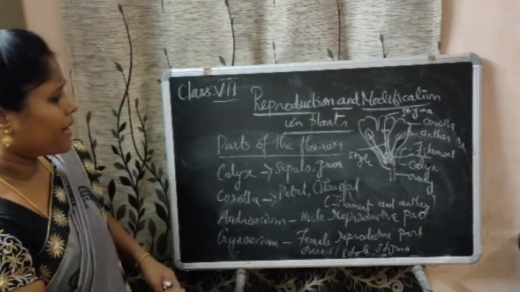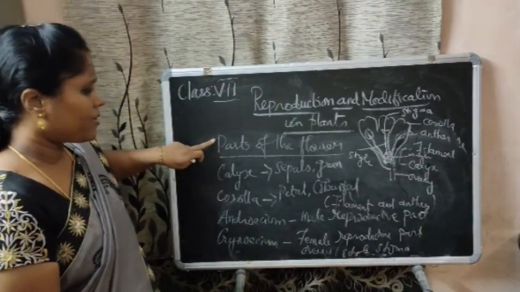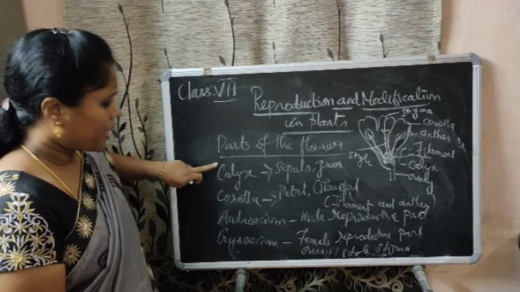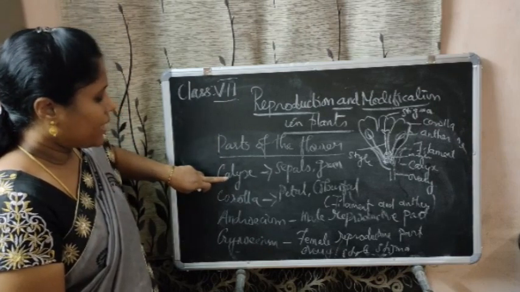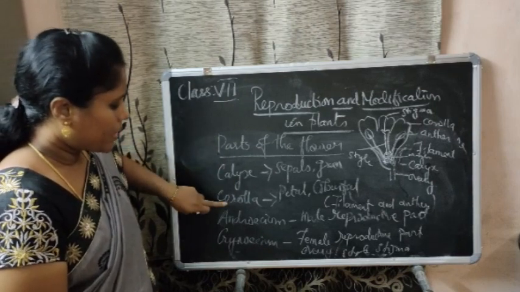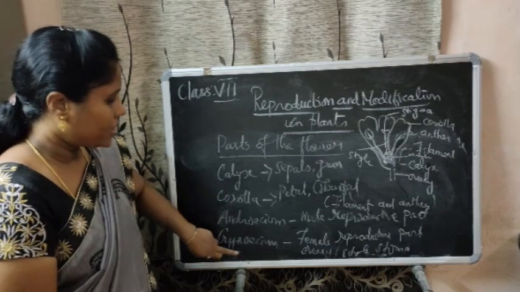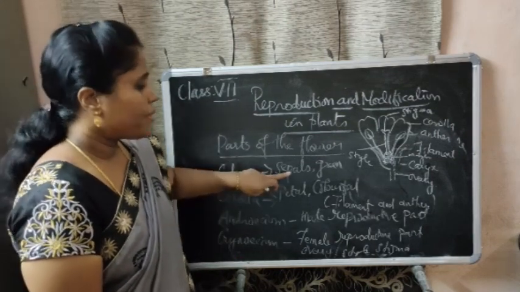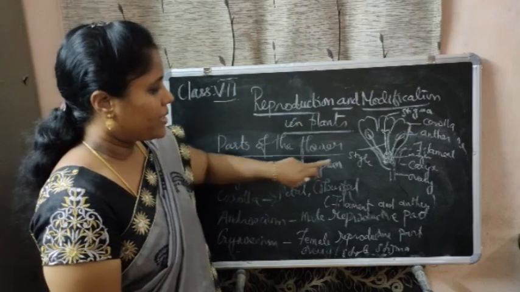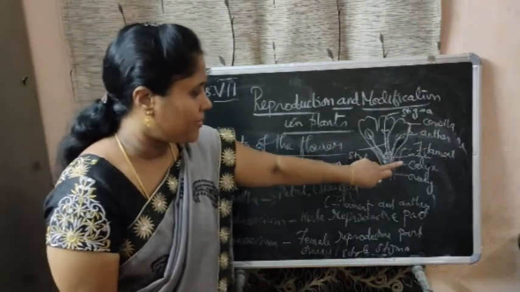So what are the parts of the flower? The flower is divided into four parts, namely calyx, corolla, androecium and gynoecium. Calyx is also called sepals, and this is the green part of the flower.